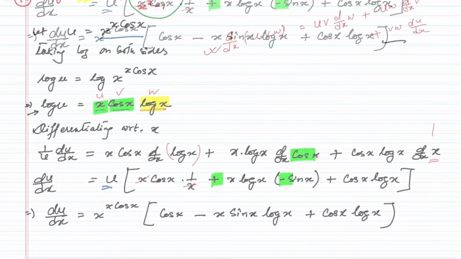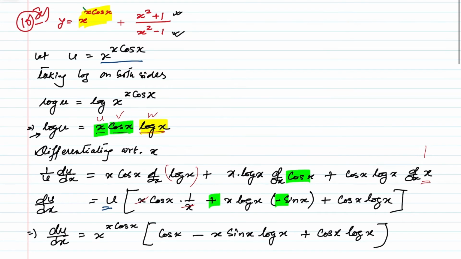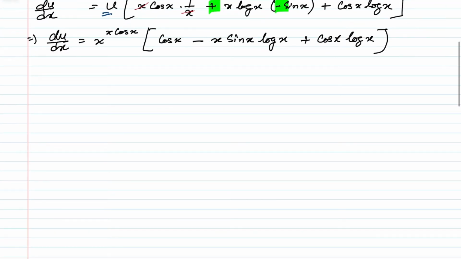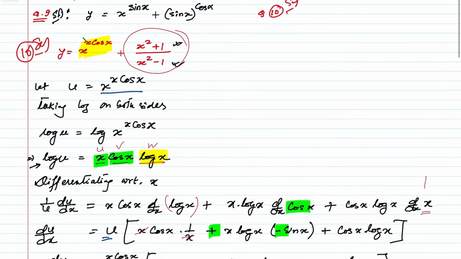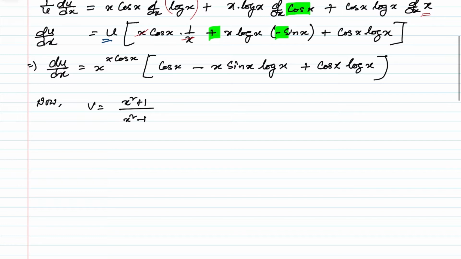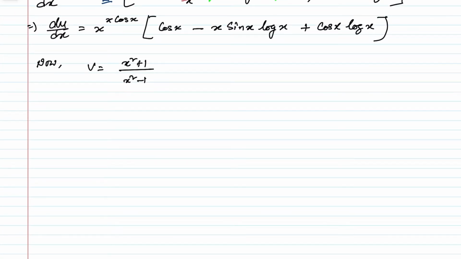Now let us take this part as v. So here v is equal to x square plus 1 by x square minus 1. So taking this one as v, here we are going to apply the quotient rule, that is u by v.